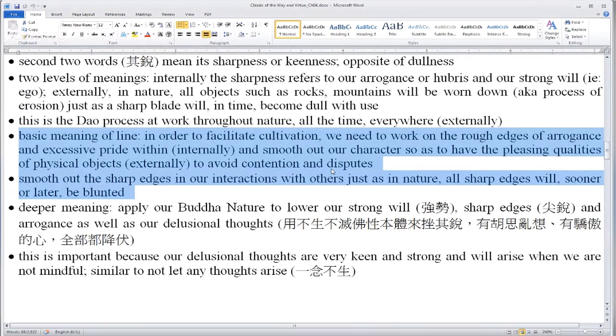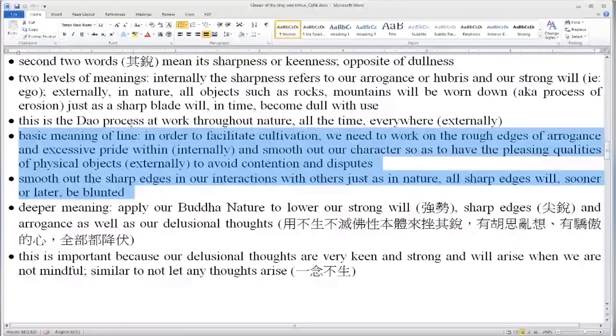Just like in nature, if you see mountains, cliffs, things that are very hard or stiff, over time, if you observe nature, they all get worn down. It's called erosion. That's a scientific term. So that's a natural process of nature.